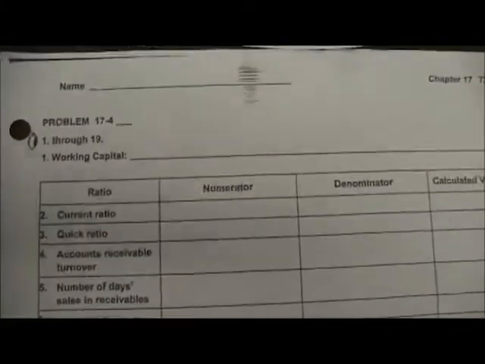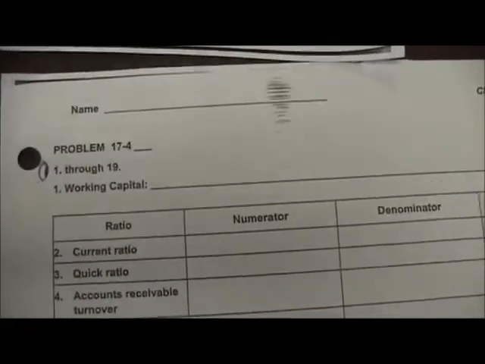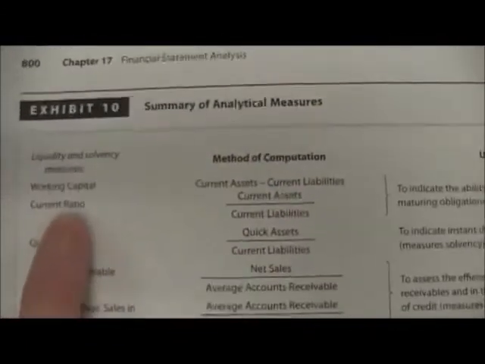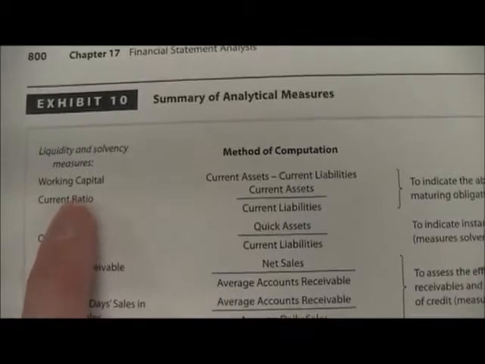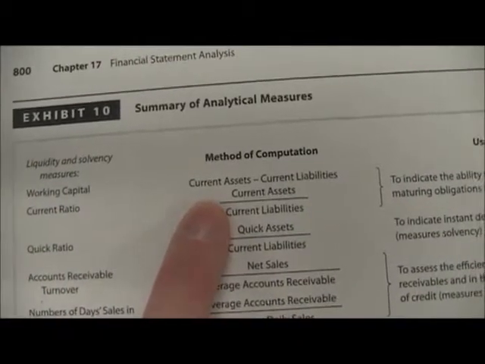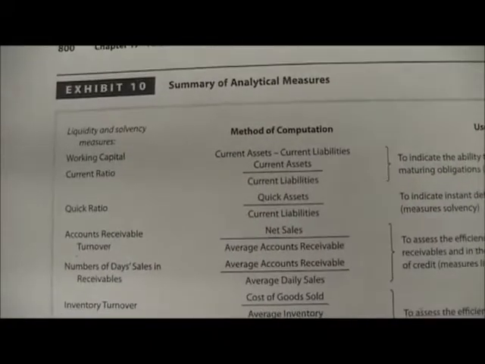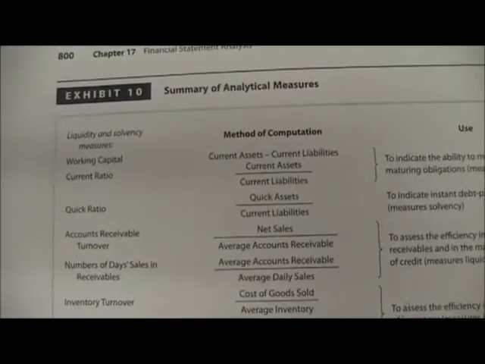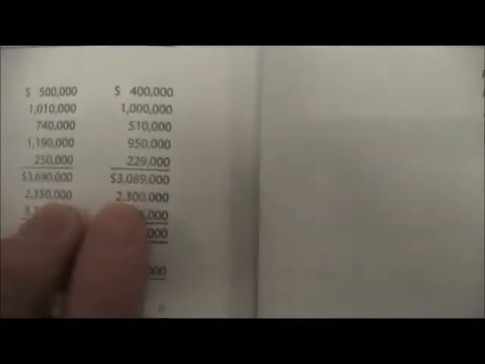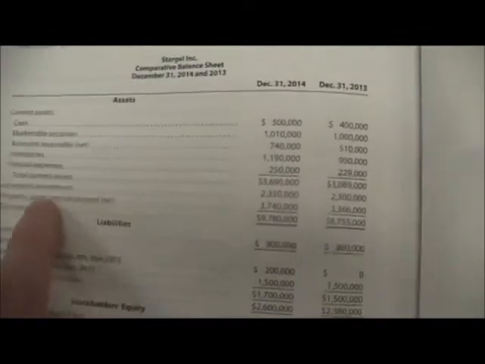So we're going to start with number one, and number one is working capital. If we look at our figure in our book, it says working capital is current assets minus current liabilities. So we come over to our textbook and find our current assets for 2014.